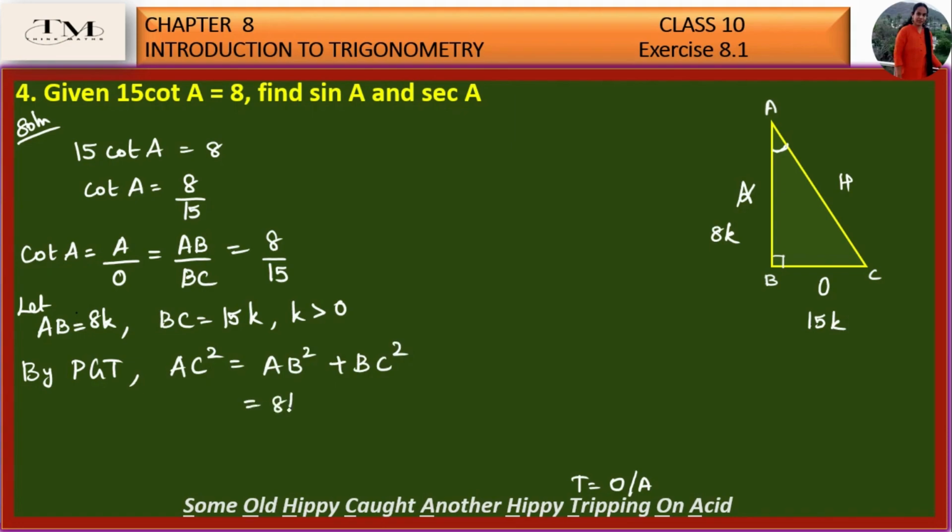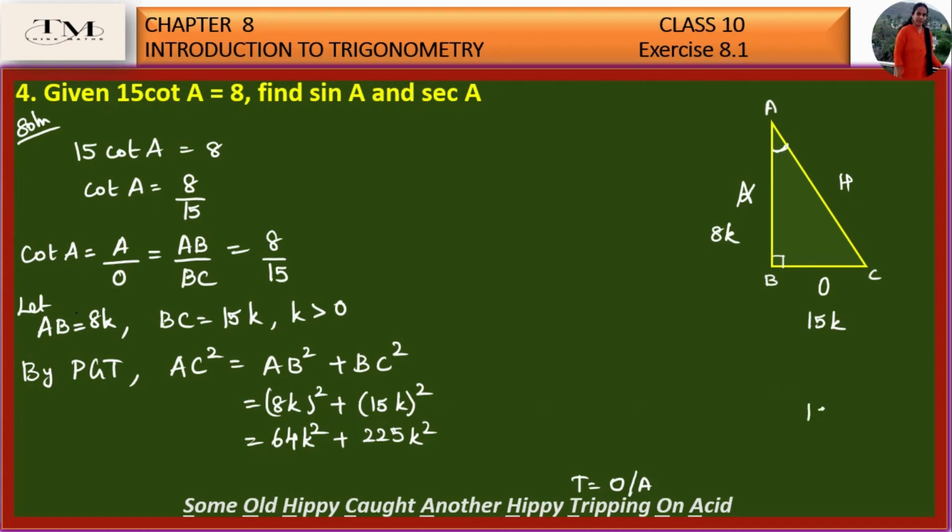AB square is 8K whole square and BC square is 15K whole square. 8 square is 64K square. 15 square is 225K square. I think you all know how to square a number ending with 5.